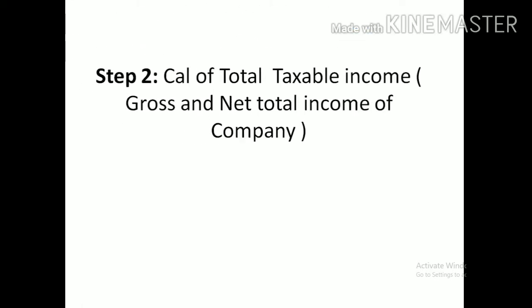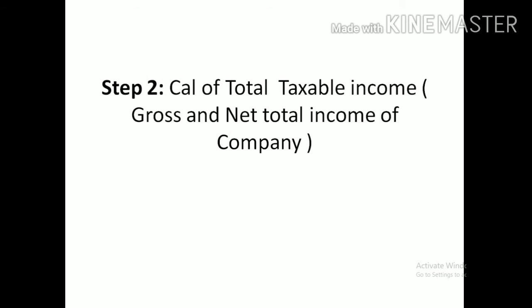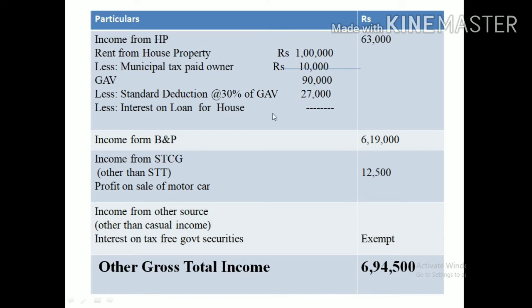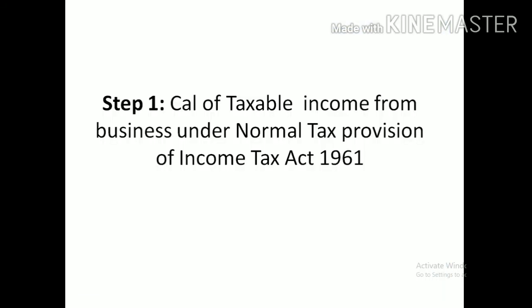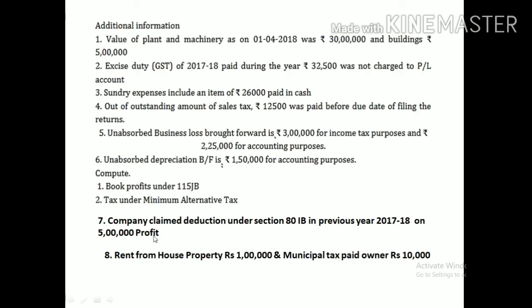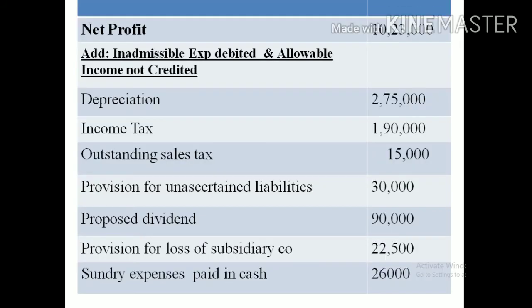Okay, then the next second step, calculation of total taxable income with the consideration of gross and net income of the company. First one, we should take income from HP. In the problem, they have not given income from HP, they given rent from house property. Please observe here, rent from house property is 1 lakh. So we should calculate income of the house property.